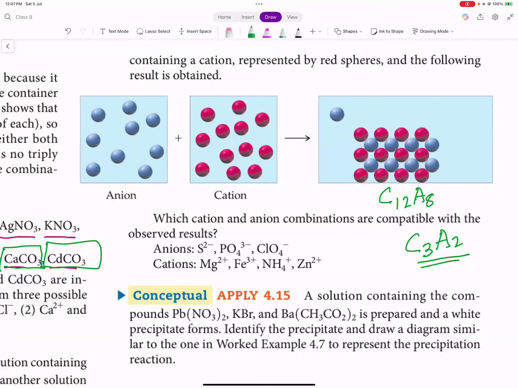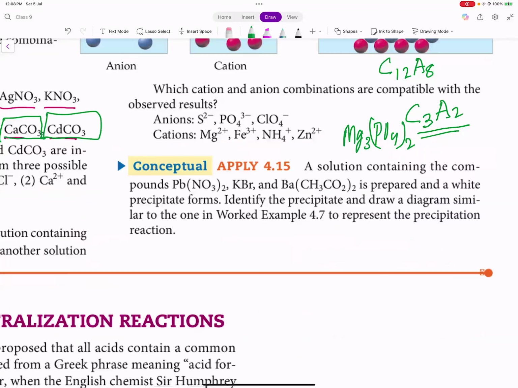Sanjita, see, we need three cations and two anions. So the charges have to be balanced. So if we have magnesium phosphate, it will be like Mg3(PO4)2. See how they are formed. Suppose Mg is 2 positive and PO4 is 3 minus.